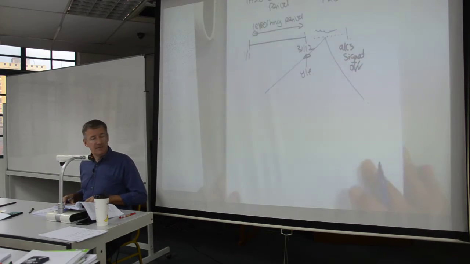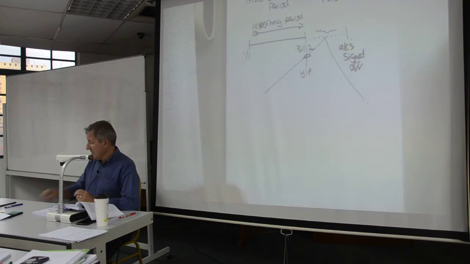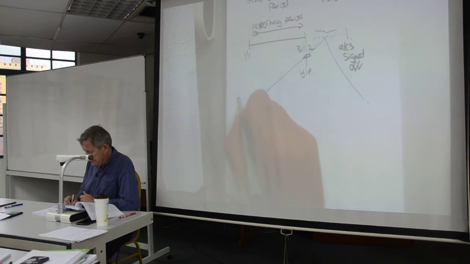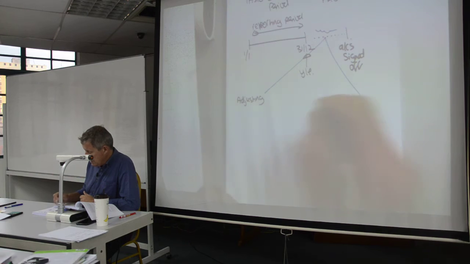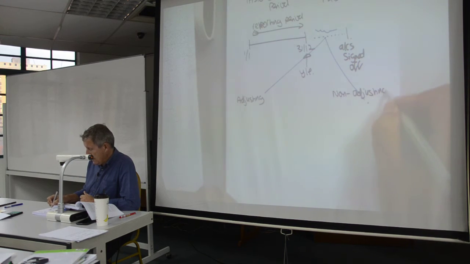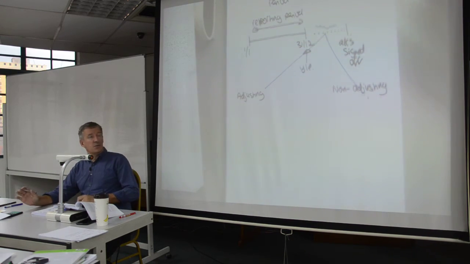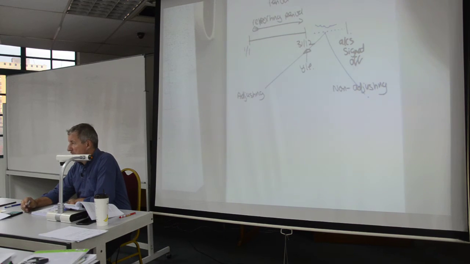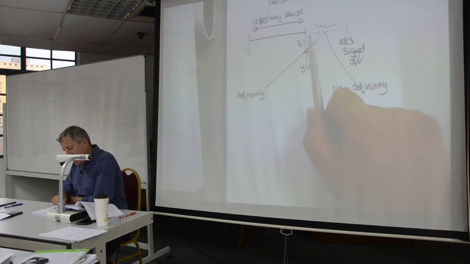Now, these events that happen, they're either adjusting events, or they are non-adjusting events. Now, these days, with computers, with spreadsheets, with computer packages, actually, I think we've probably got a draft set of accounts in the first week of Jan.